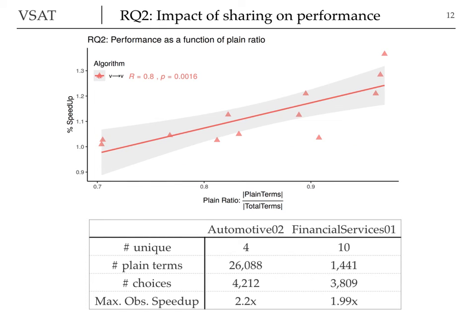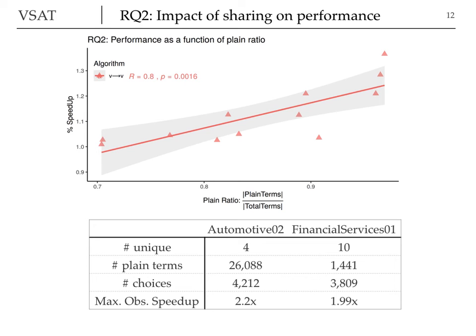Our second research question was, we would expect then, as the plain terms increase in the number of total terms of a formula, then the variational core would be smaller. It would be reduced. Therefore, we would expect that if we have more plain terms in our formula, we will have a higher degree of speed up than if we have less plain terms.